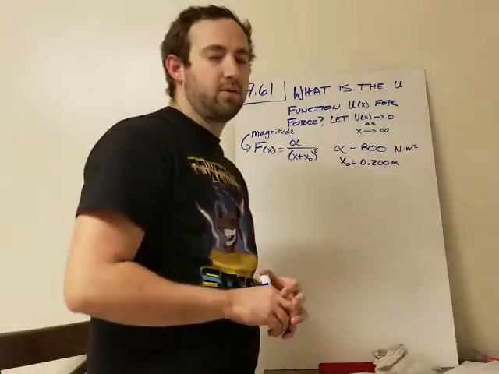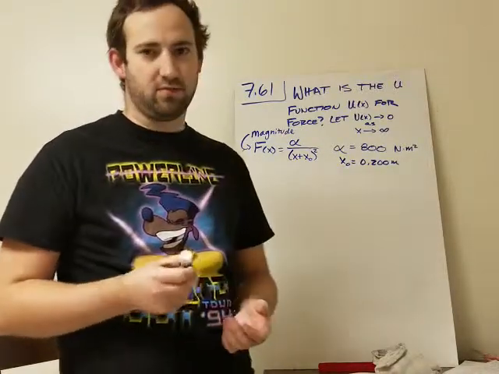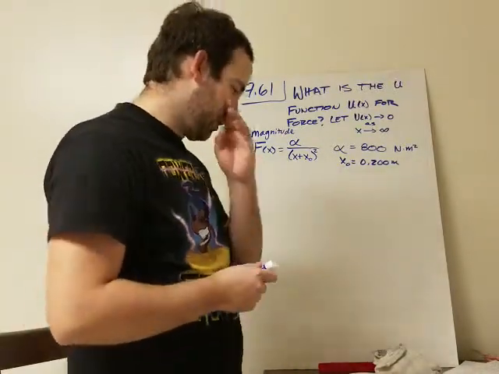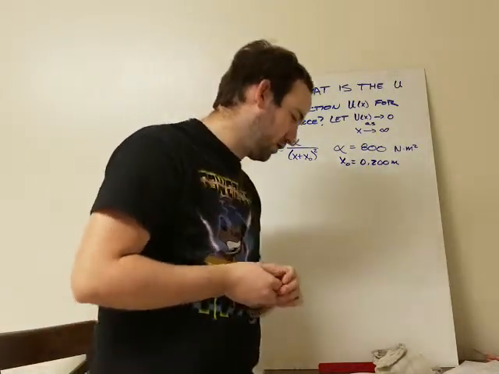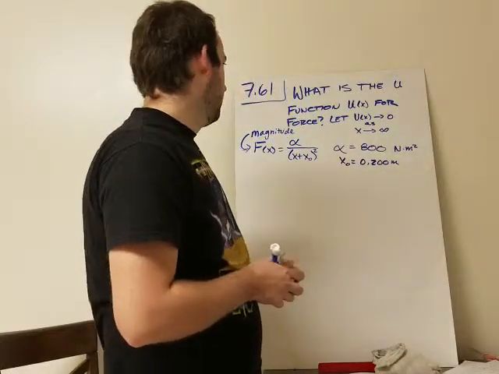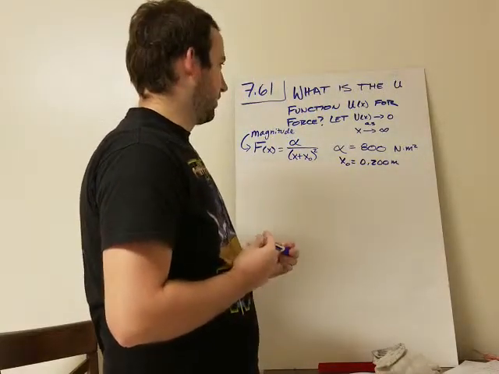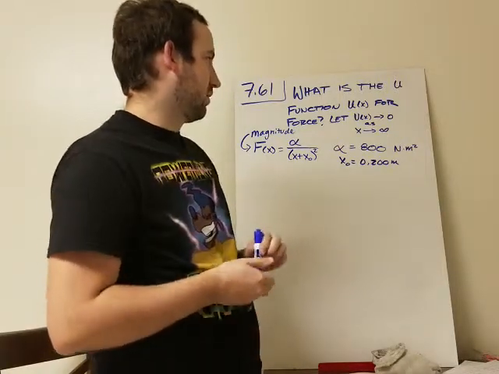Hi everyone, I'm going to be going over question number 61 from the Chapter 7 Bingo Problems. This question asks, what is the u function, u of x, for force? Let u of x go to 0 as x approaches infinity.